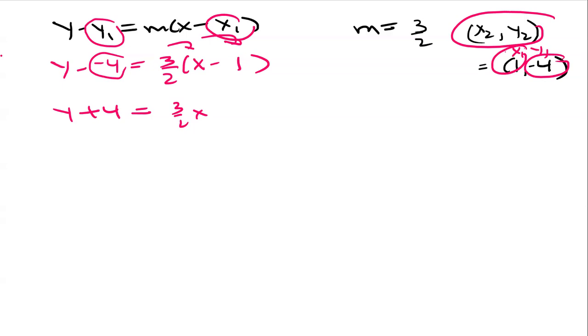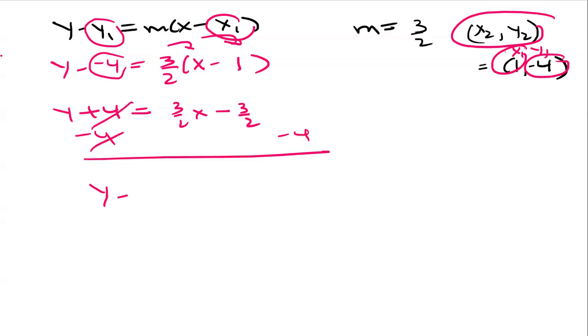Anyway, so we get y, two negatives are positive, so that's y plus 4. Then we distribute, which gives us 3 halves x minus 3 halves. Okay, so then we just subtract 4 on both sides. So we have 3 halves x, and then minus 3 halves minus 4. Well, I need the same denominator, so I'm going to multiply top and bottom by 2.